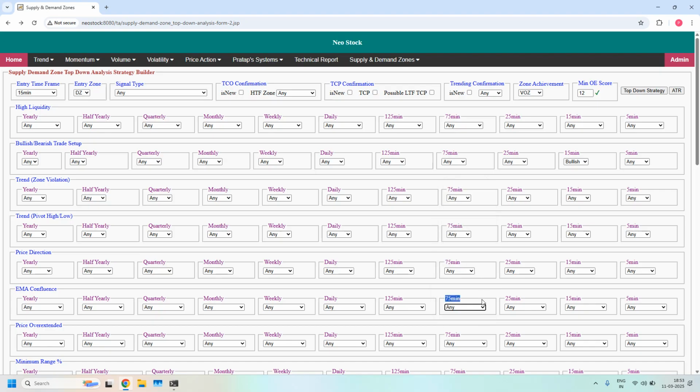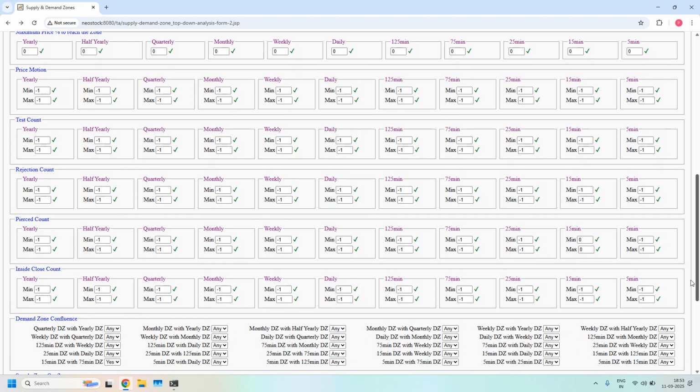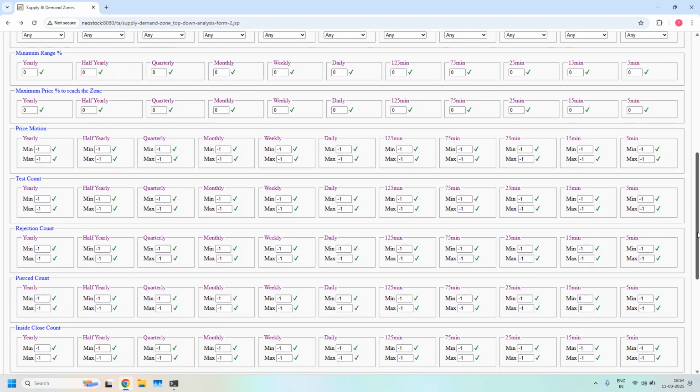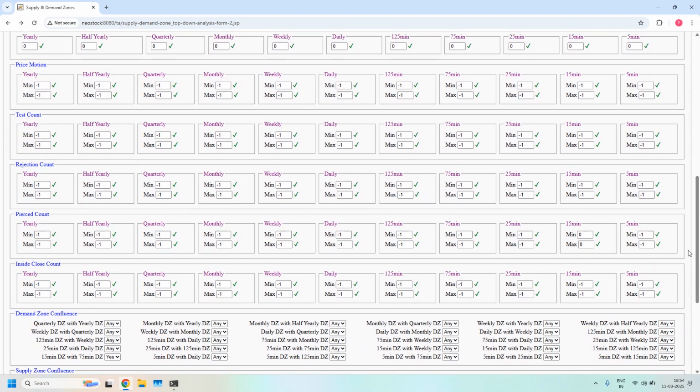Removing this EMA filter. In the demand zone confluence, not supply zone, in the demand zone confluence, because it is bullish trade setup. In the demand zone confluence, first filter is already enabled.